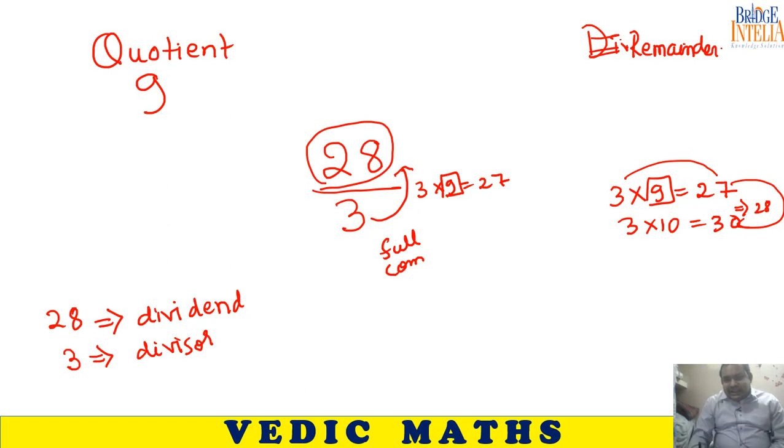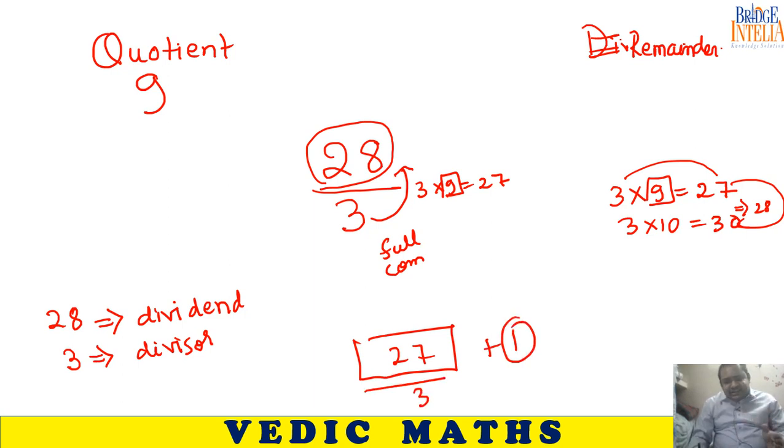So 28 is one extra from something that is divisible by 3. 27 is comfortably divisible by 3, but you were asked to divide 28. Because of this extra 1, division is not taking place. If you try to divide completely, you can divide only till 27 and this 1 will remain. So this 1 is the remainder.